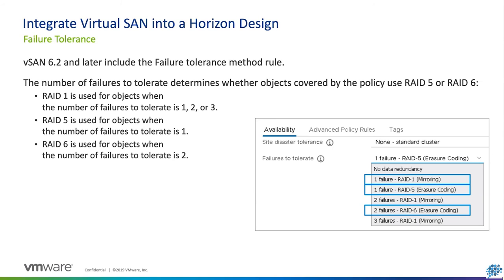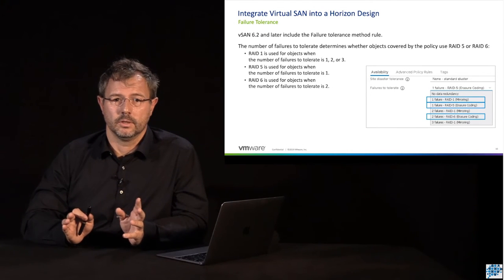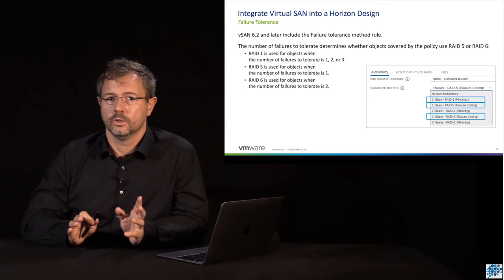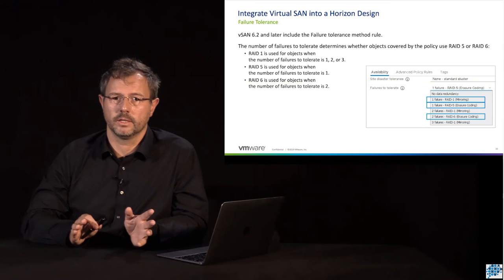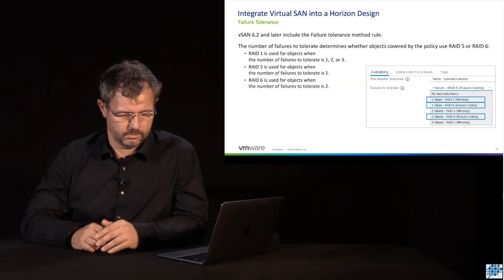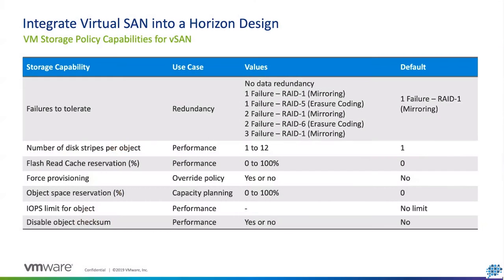But don't forget, even if you have RAID 1 with FTT 3, the formula still stands. 2 times 3 is 6, plus 1 is 7, at least 7 hosts. Keep that in mind. Here you can see how these failures and those RAID levels go together, right?